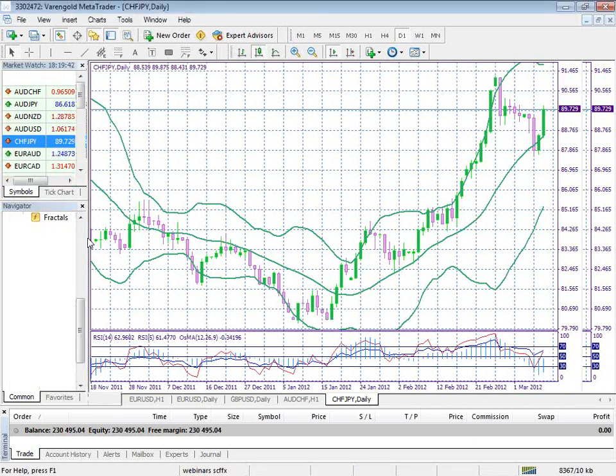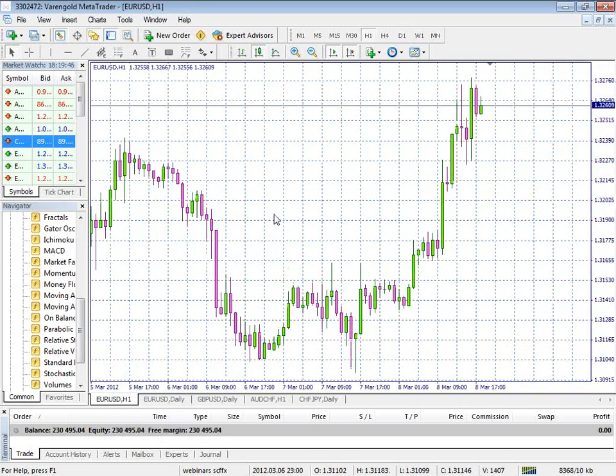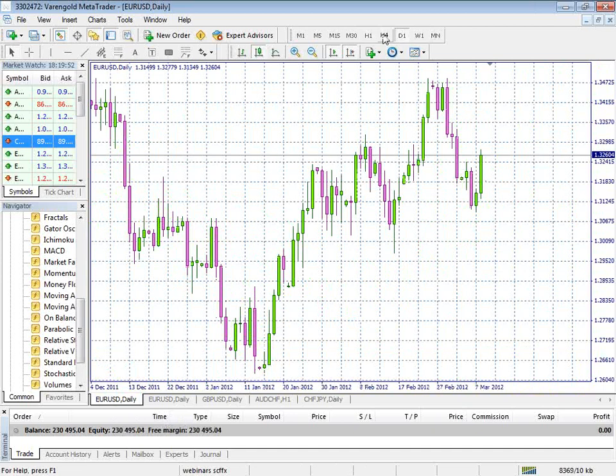So I will go to euro dollar on the 1-hour chart, and I will go for the daily time frame.